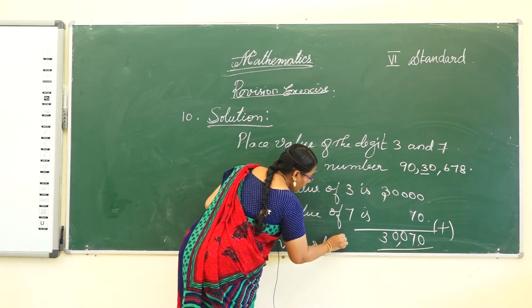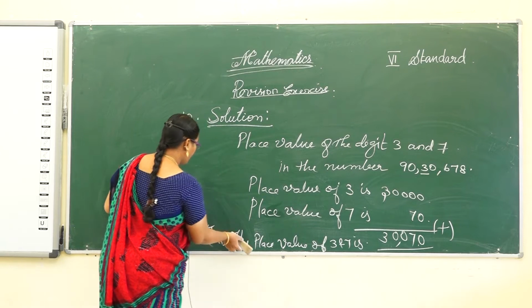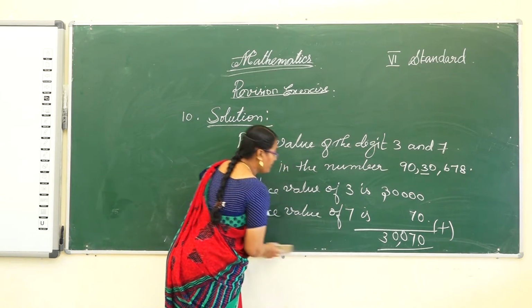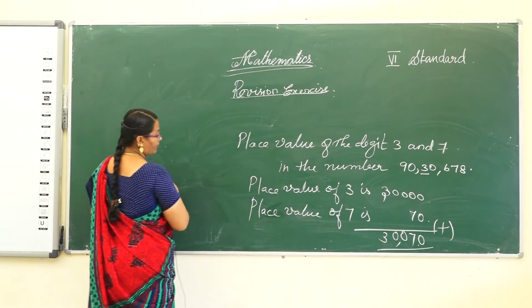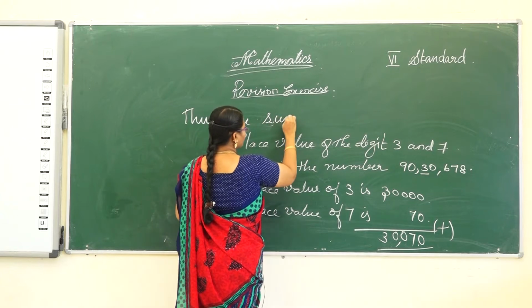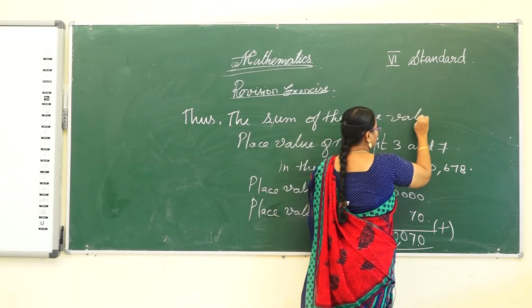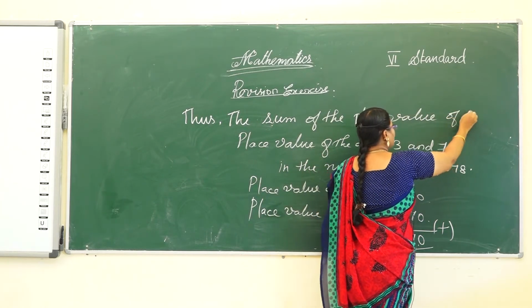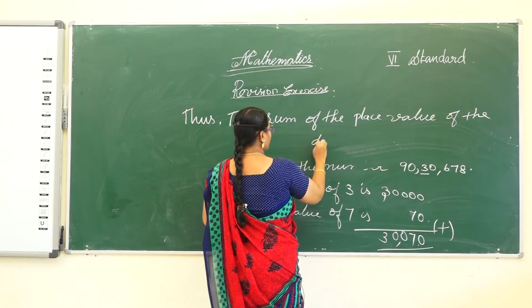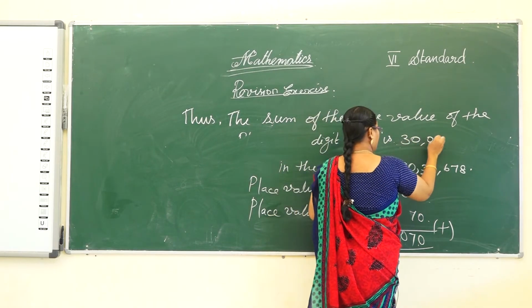Thus, the sum of place value of the digit 3 and 7 is 30,070.